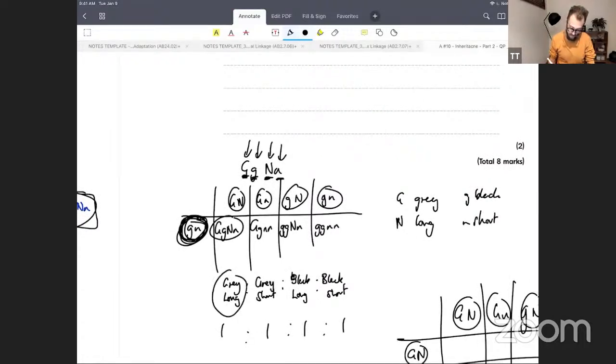You have gray body, long wings, gray body, short wings, black body, long wings, black body, short wings. Because it's categoric data, that's generally what the mark schemes are going to say. If you've got to justify a student's t-test, you can say that you're comparing the difference between 2 means. Or if it's a correlation coefficient, you can say you're looking for a relationship or a correlation between 2 variables.